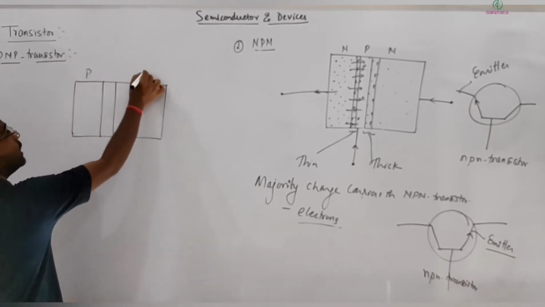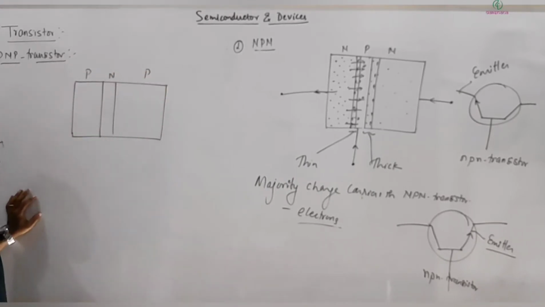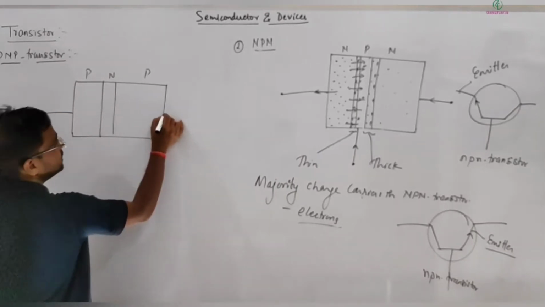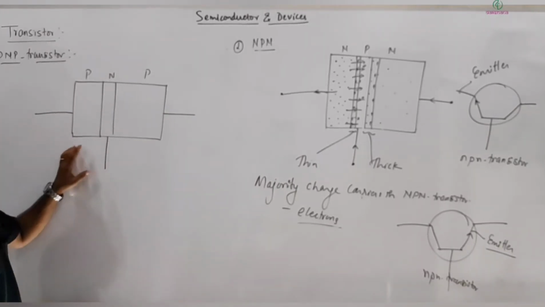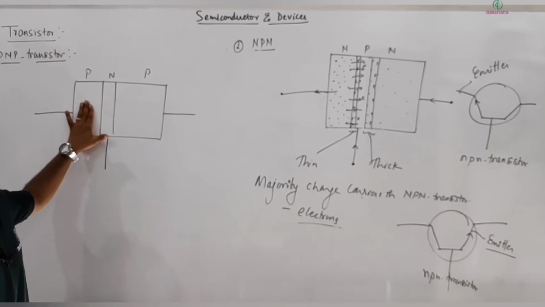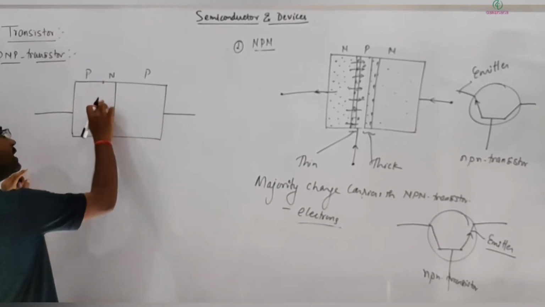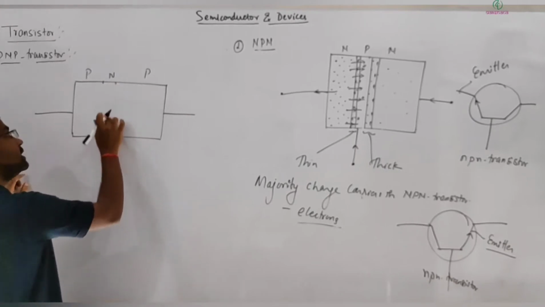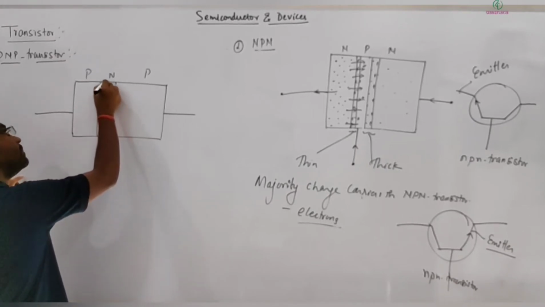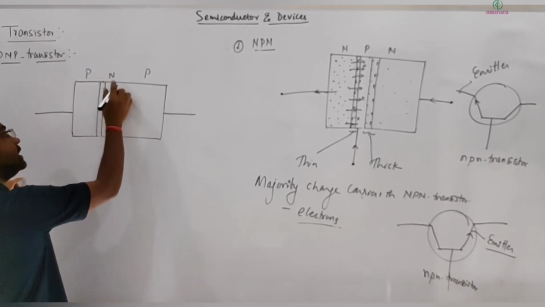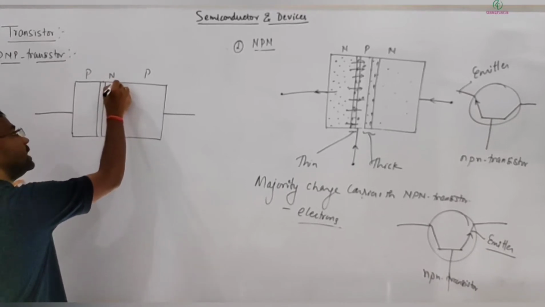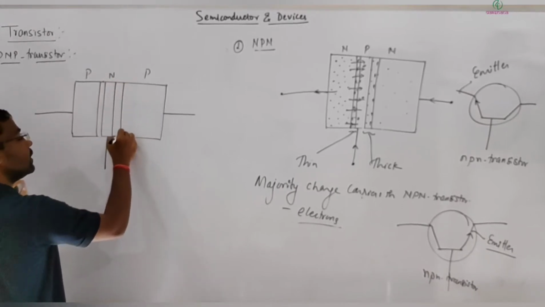This is one n-type semiconductor sandwiched. Again 3 terminals, and even from thickness you can have an idea that this will be emitter, base and collector. Highly doped, so here the depletion layer thickness will be thin compared to this depletion layer junction. This is another one.